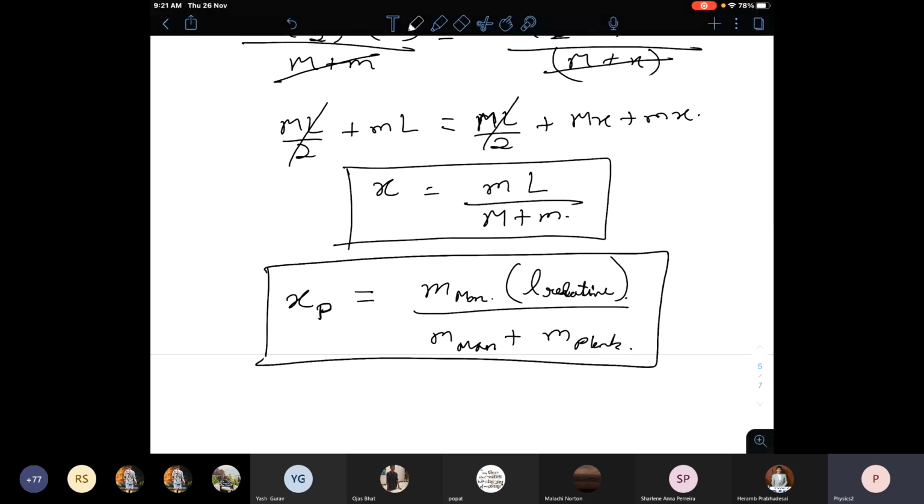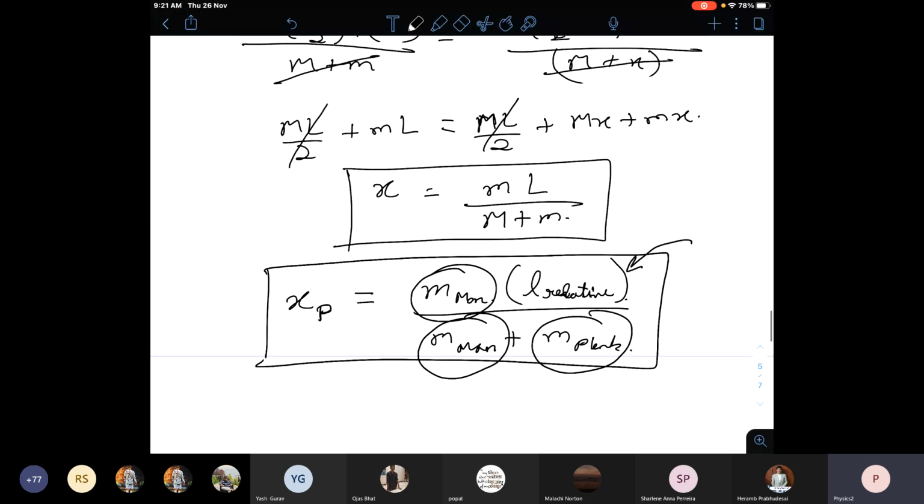Now suppose in some question, they ask you what is the displacement of the plank if the man moves just a distance of L by 2, only till the midpoint of the plank. Then what is the displacement? Simple, everything else you know. Just instead of L relative, you will replace L by 2.